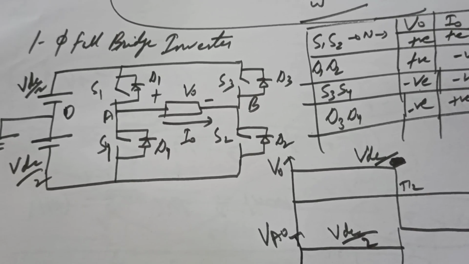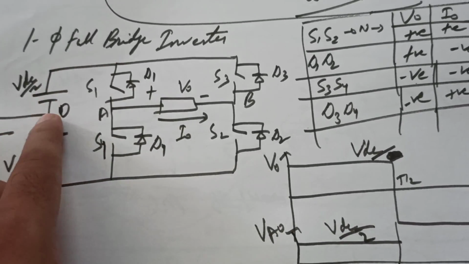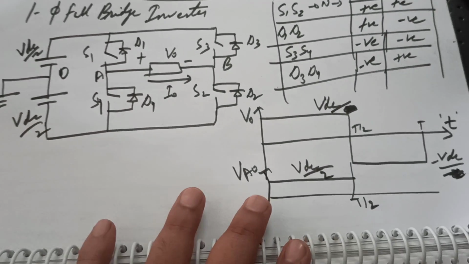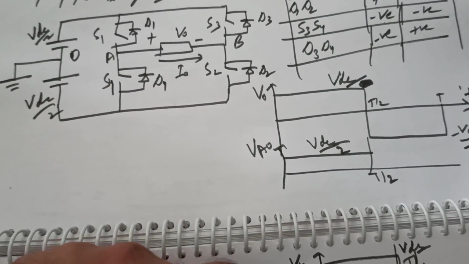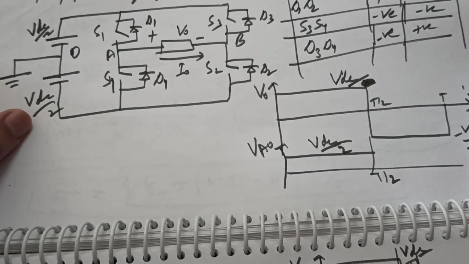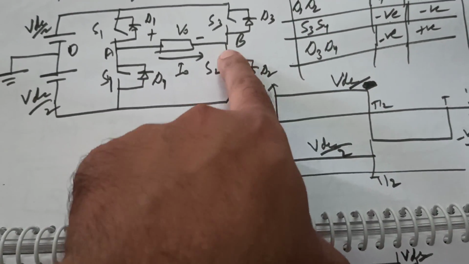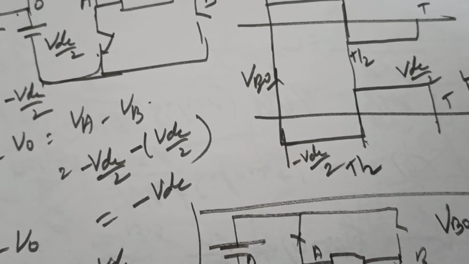When S1 is on, A gets connected to naught, so voltage A0 is VDC by 2. At the same time when S2 is on, B gets connected to naught. This VB0 voltage is minus VDC by 2, because B gets connected to the negative end of the battery. This is the graph. You can see that this is minus VDC by 2.